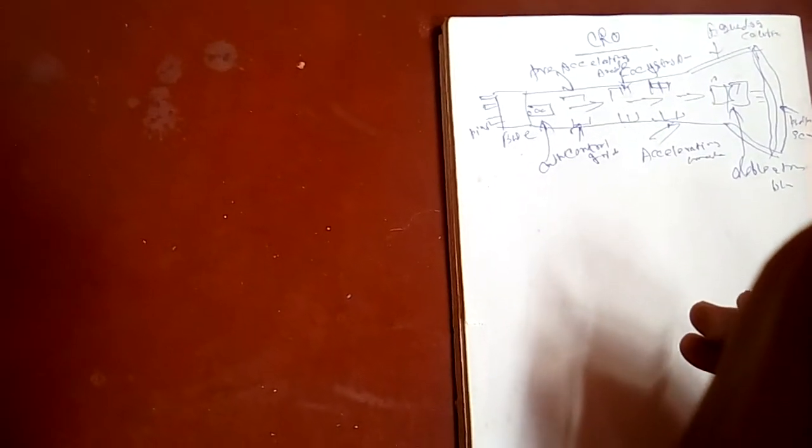The control grid controls the brightness and intensity. If the control grid is made positive with respect to the cathode, the electron density increases. On the other hand, if the control voltage is less negative, the spot brightness increases.